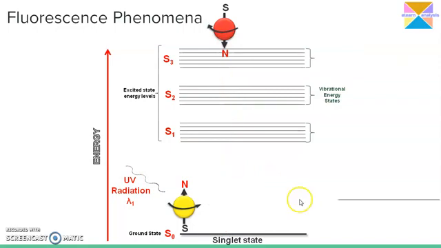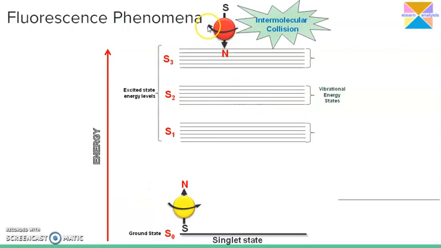In these excited energy levels, the electrons will tend to lose their energy by intermolecular collisions, and they lose a part of the energy in this process, and thereafter the remaining energy is emitted as fluorescence.